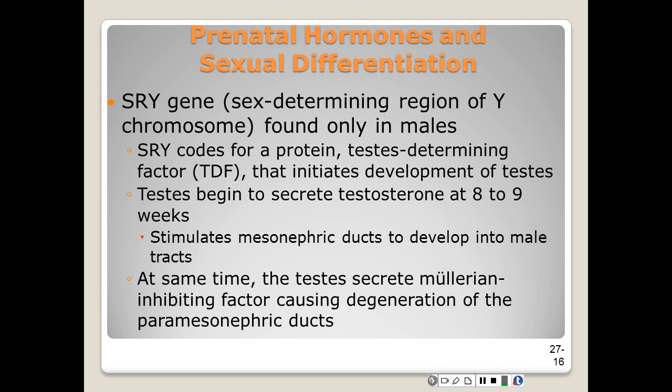The testosterone stimulates the mesonephric duct to develop into the male reproductive ducts. By this time, the testes also secrete a hormone, the MIF factor, which causes atrophy of the paramesonephric ducts.